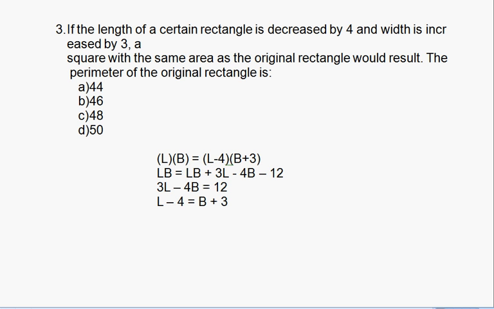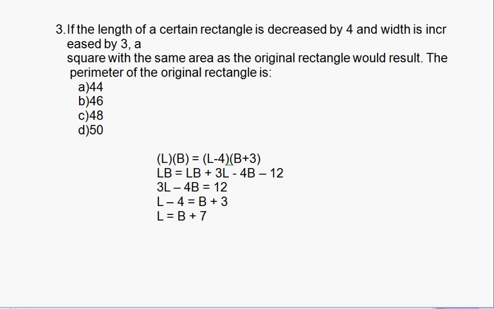This is it. From here we can write L in terms of B. L would be equal to B plus 7, right? B plus 7 would be the length, right? So just put L in this equation, right?